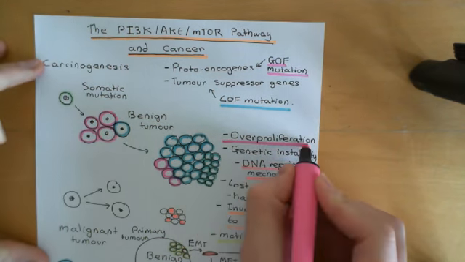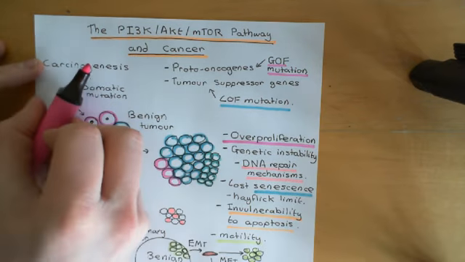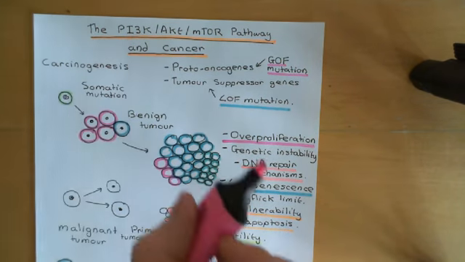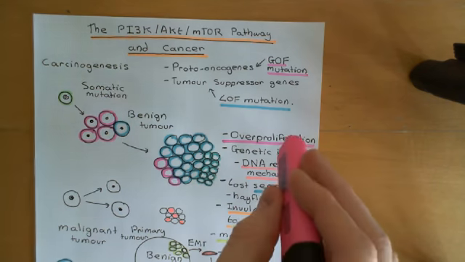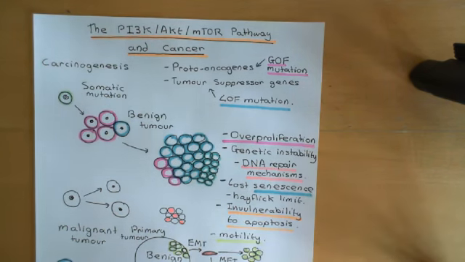In fact, it's believed to be the first driver, the first mutation that occurs to start this whole process off, is that the cell gains the ability to overproliferate and produces a whole population of cells that are all capable of overproliferating, and then any further mutations that you stack on top of that are now going to get amplified because you've already got the overproliferation mutation, and therefore you're going to produce a whole population of cells with this new mutation that you've acquired. So that's the absolutely key one to set this entire process off.